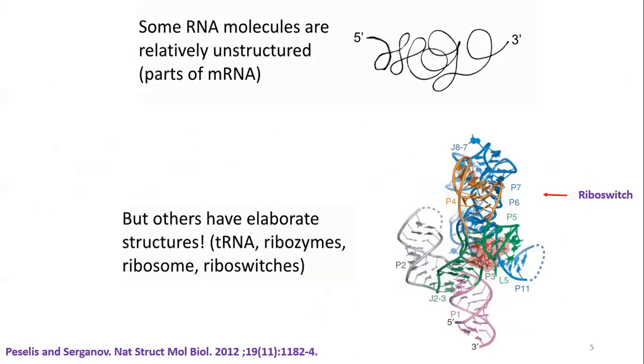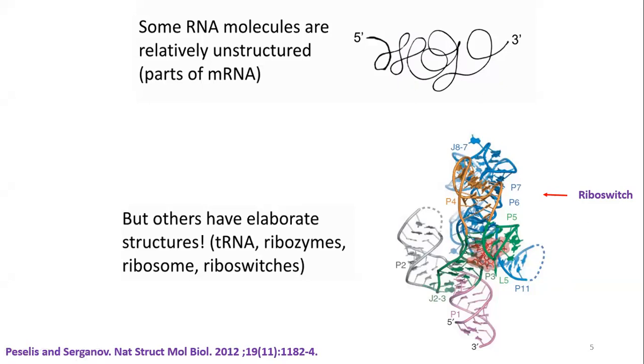Say, for example, tRNA, ribozymes, even the ribosome and riboswitches are all majorly made up of RNA molecules. What you see over here is the structure of a typical riboswitch, which we are going to deal with in a little while.